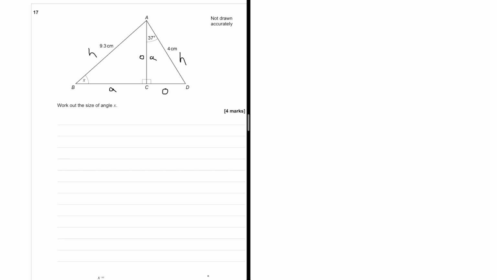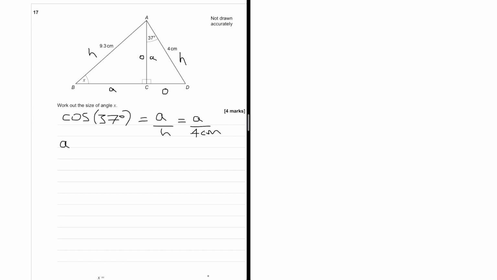So we know CAH, which is cos of the angle, which is 37 degrees, equals adjacent over hypotenuse, which in this case is just going to be adjacent over 4 centimeters.